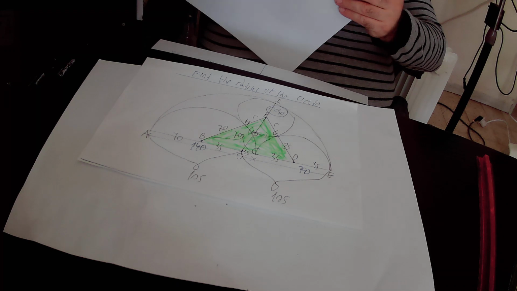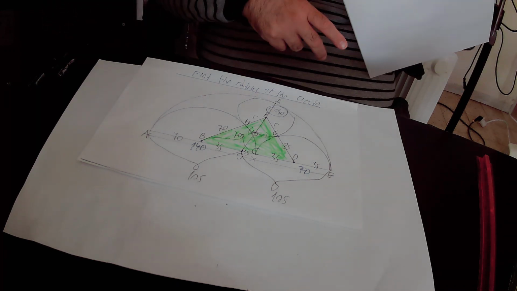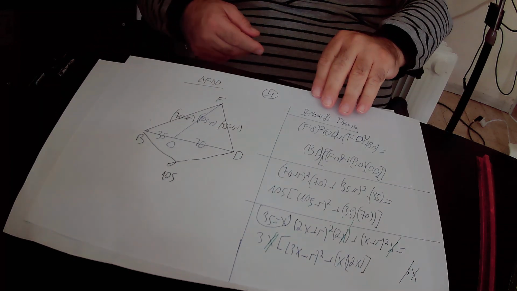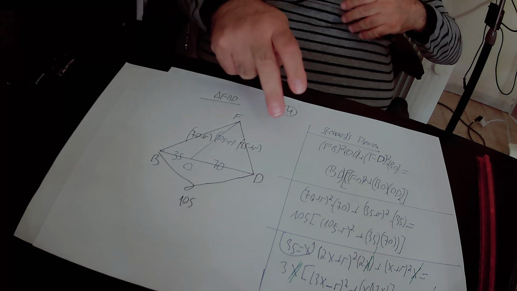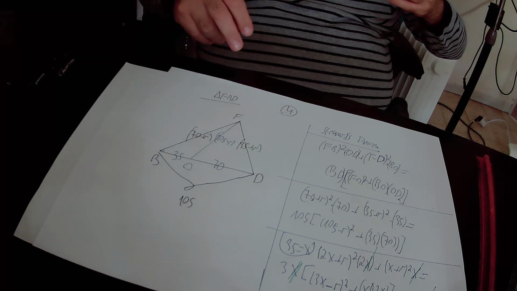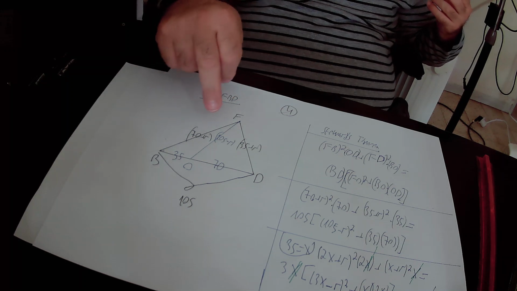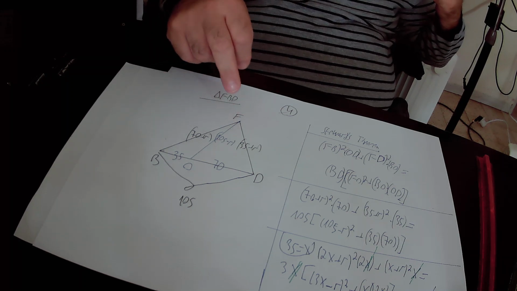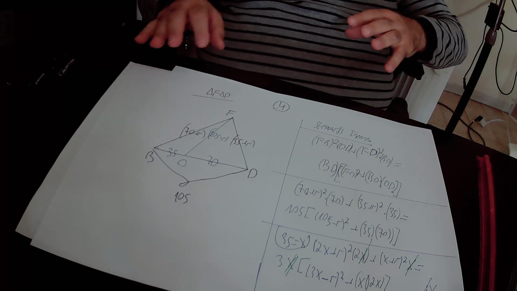So this is the green triangle, triangle BFD or FBD, that I copied from the original drawing. We have already found out the lengths of all the sides of the triangle, and we also found that FO equals 105 minus r units. We implemented Stewart's theorem in this triangle.